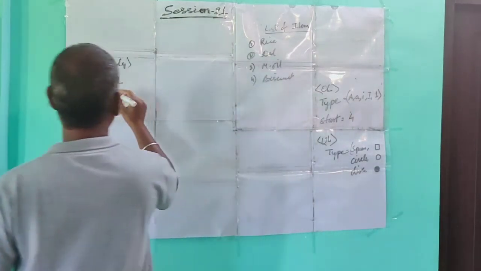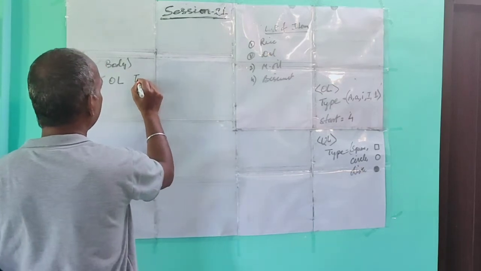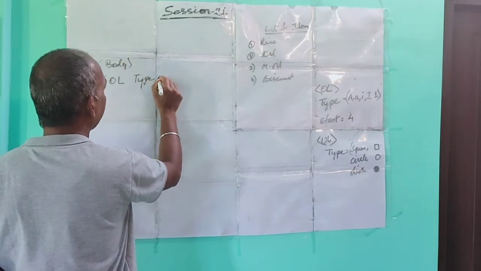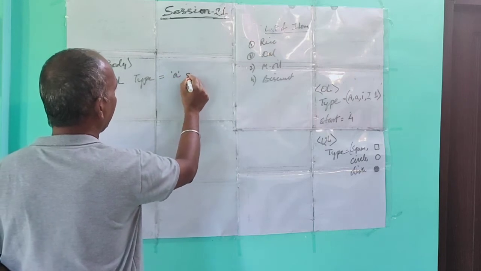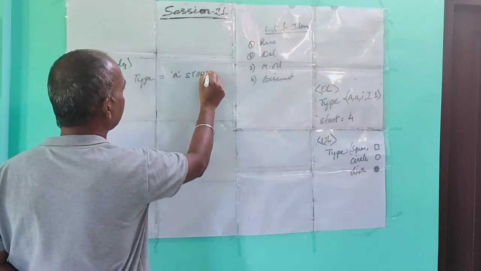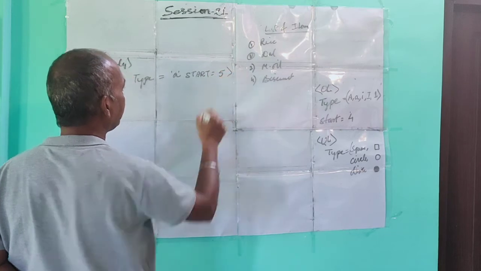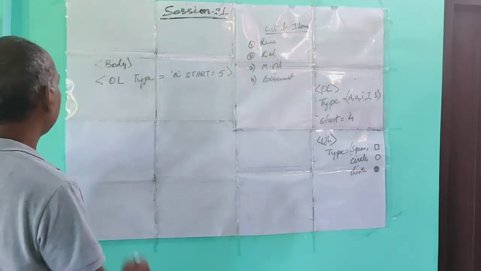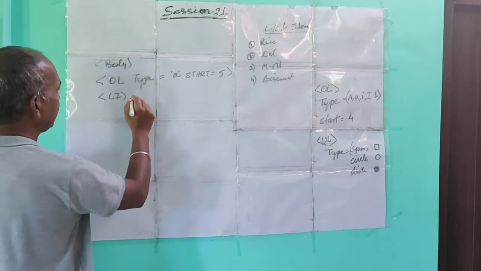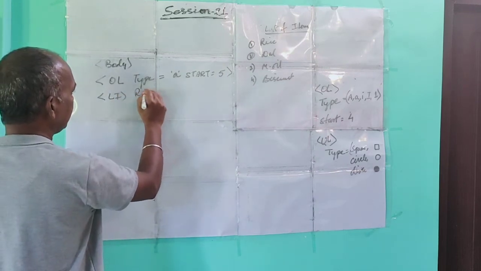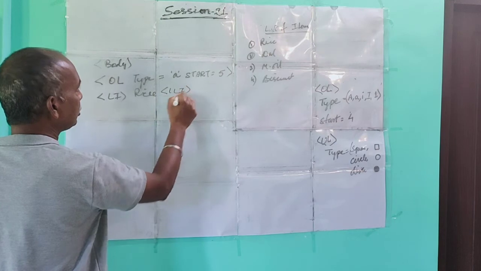Now in OL I am using type equals to small a, then start equals to 5. Then list item one is rice, li close.